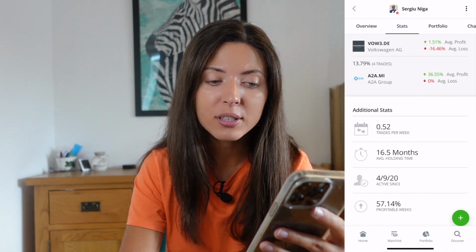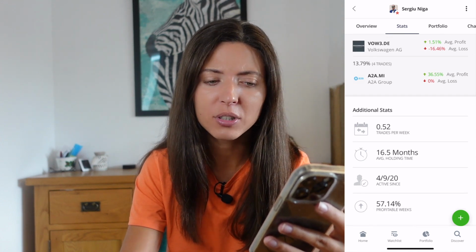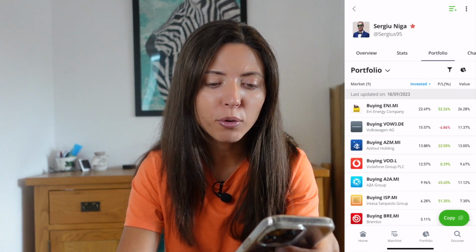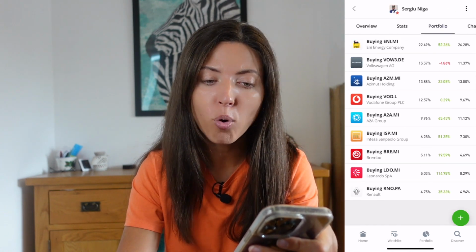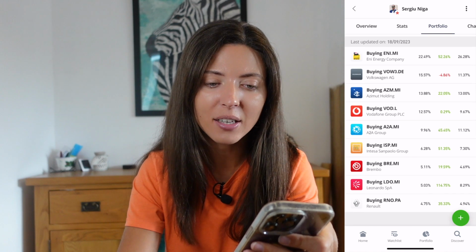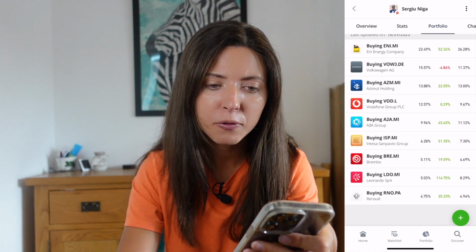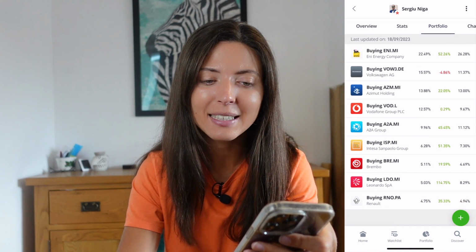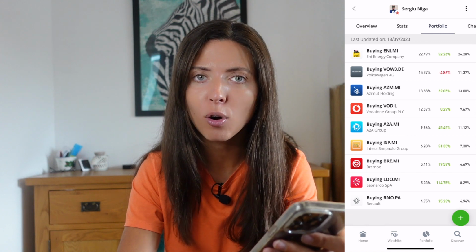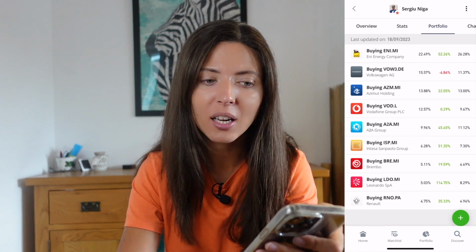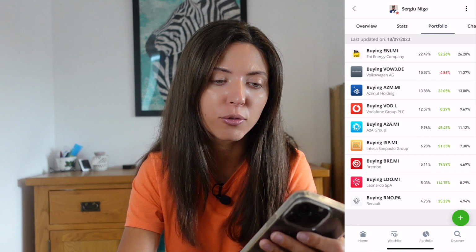The average holding time is 16 months, so the person obviously doesn't trade at all. In his portfolio, we see more companies, but he still invests 5 to 27% of the total value into one single company. That's still too much for me.